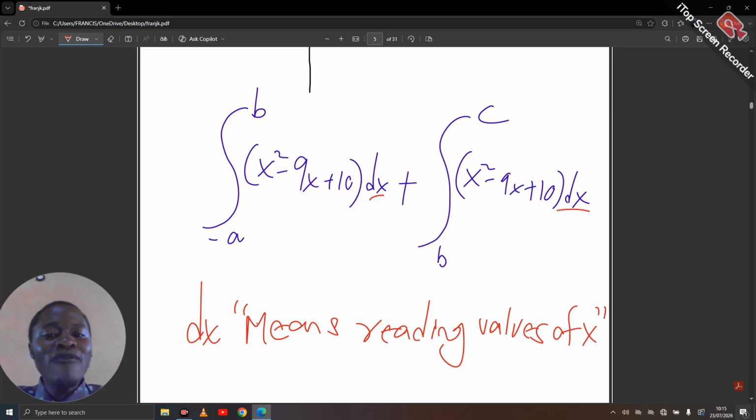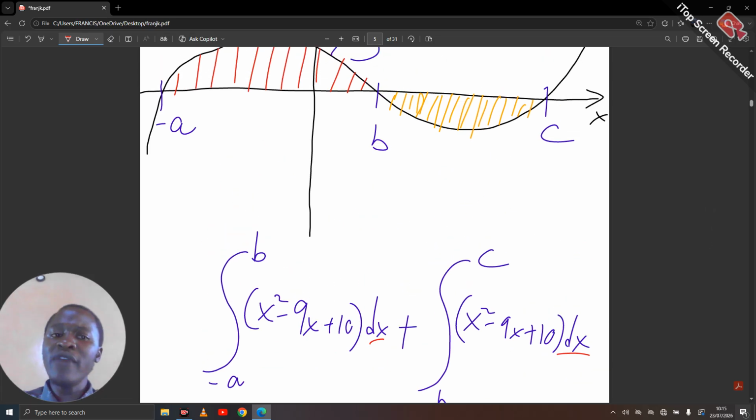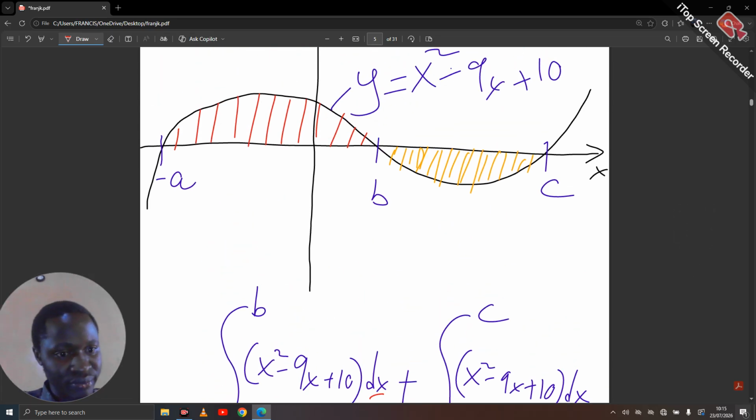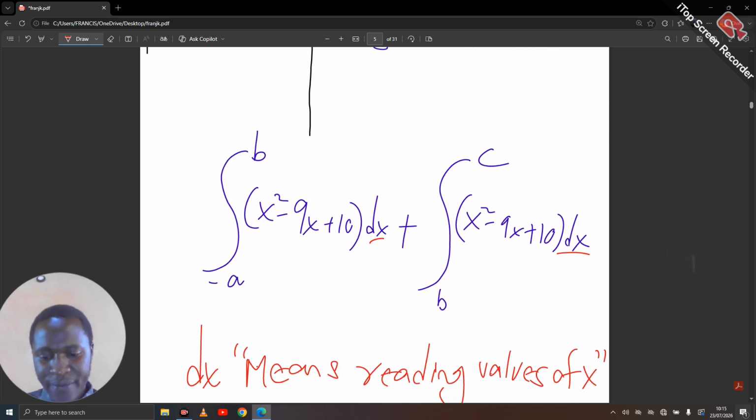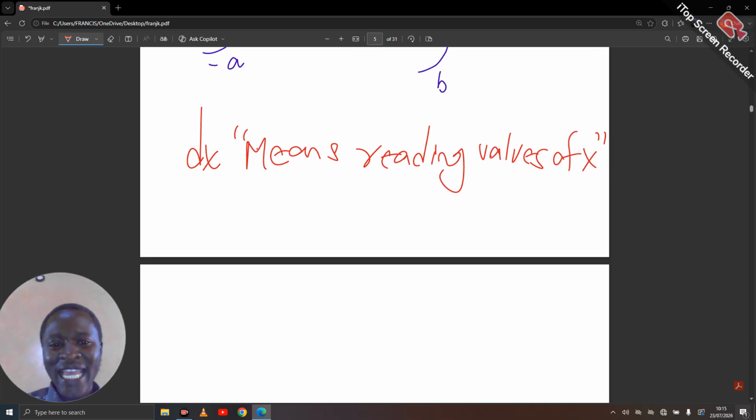That means the values we'll be using to get the actual area will be coming from the x line. Okay, I want you to note again, note.